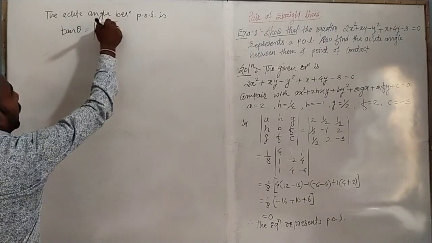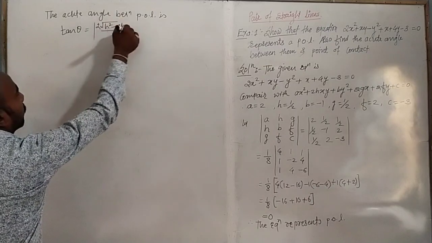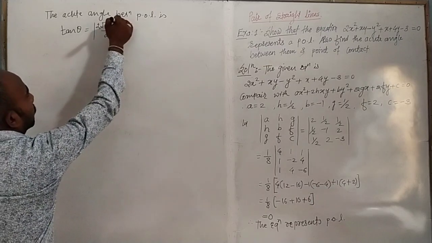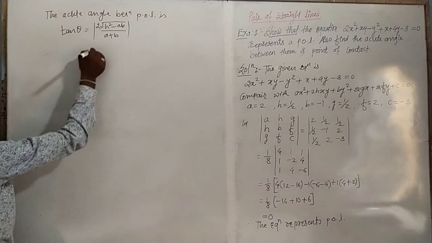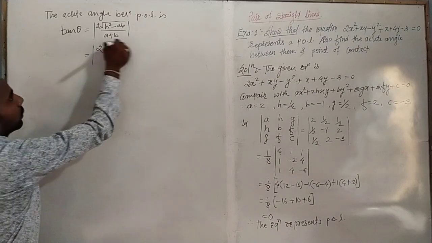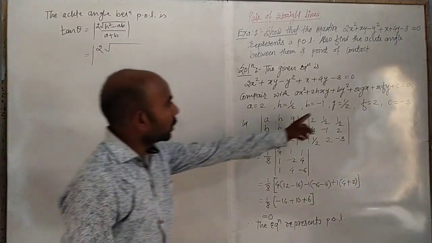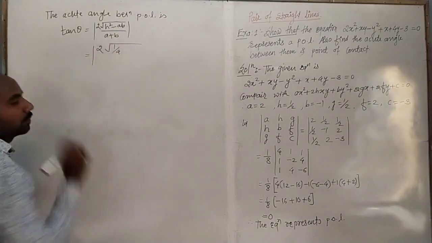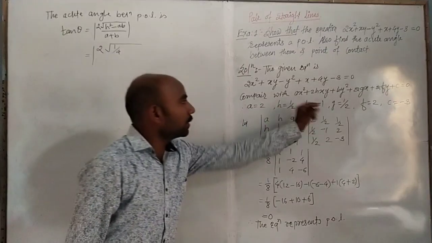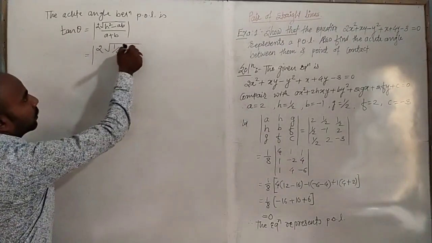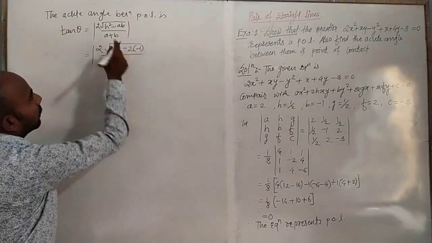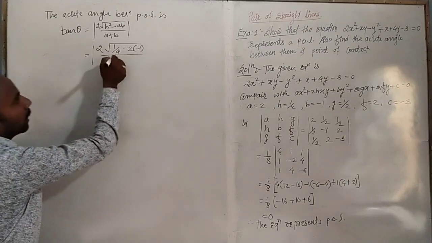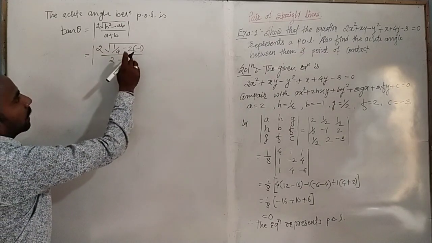2 under root of h square minus ab divided by a plus b. So putting in the values, we have here 2 under root of h. What is the value of h? So here h equals 1 by 2, the square becomes 1 by 4. Minus a into b, so minus 2 into minus 1, divided by a, that is equal to 2, and plus b means minus 1.